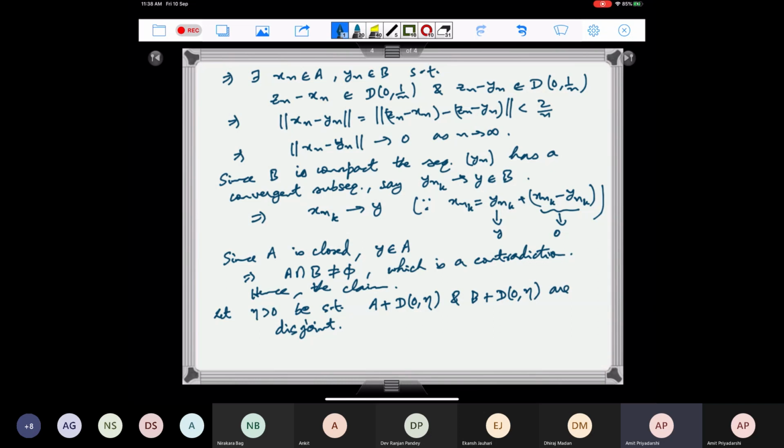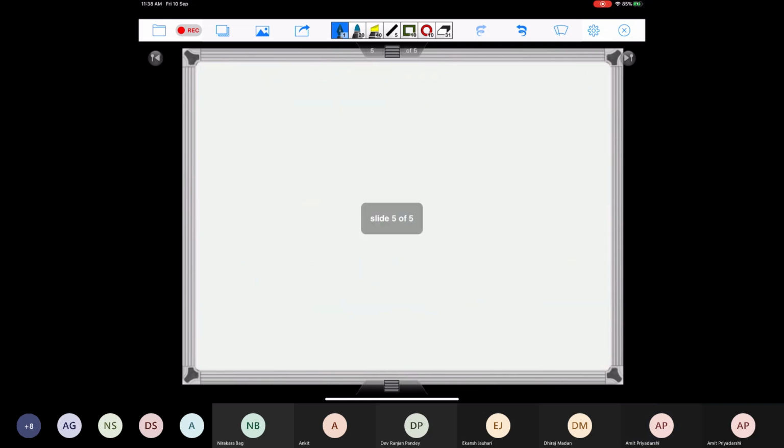Then we will apply the previous theorem. By the previous theorem, now we have open, convex, non-empty disjoint sets.